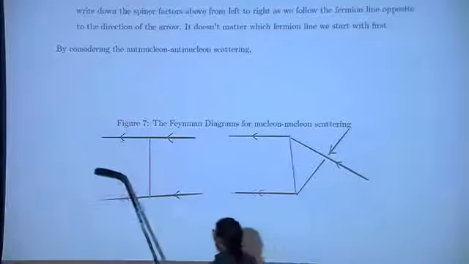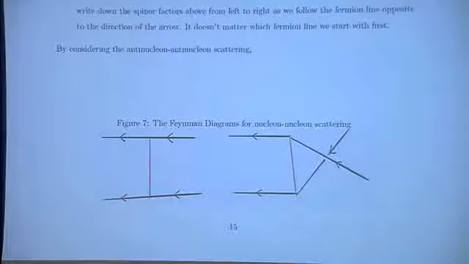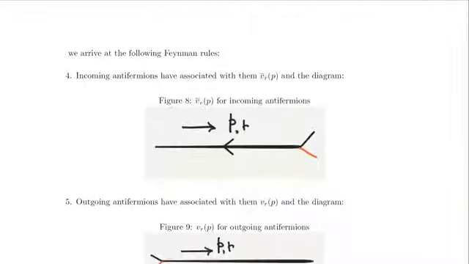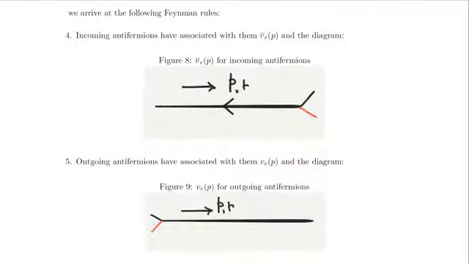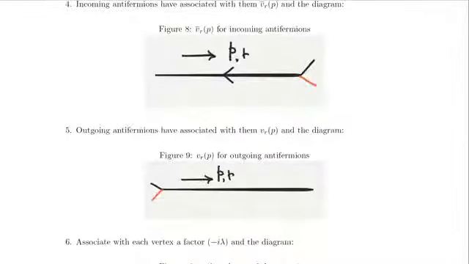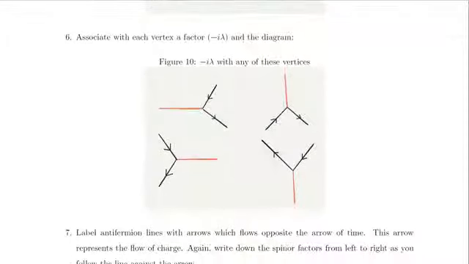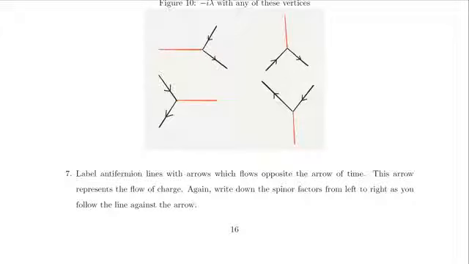If you do exactly the same kind of calculation, but instead of B's you will have C's, you will get these Feynman rules: for all incoming antifermions you have V bar, and for outgoing antifermions you have V, and the same rules as here.